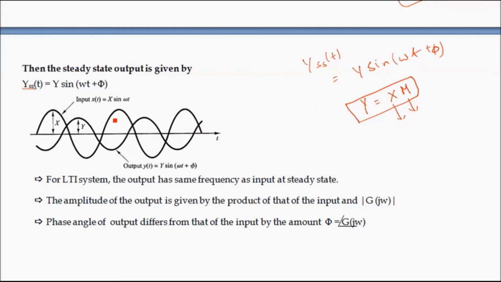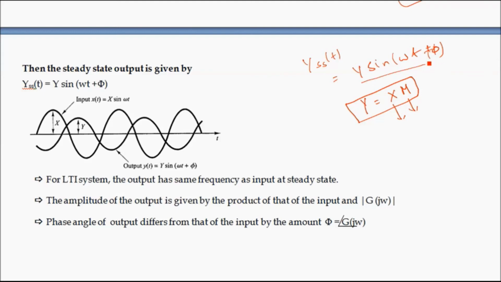M is the magnitude of the transfer function and X is the amplitude of input. So you may see that Y may be more than X or less than X depending on the value of M, first thing. And second, the phase angle of the output will be changed by the introduction of a phase angle due to the transfer function, and the output will be Y sine(omega t plus phi).